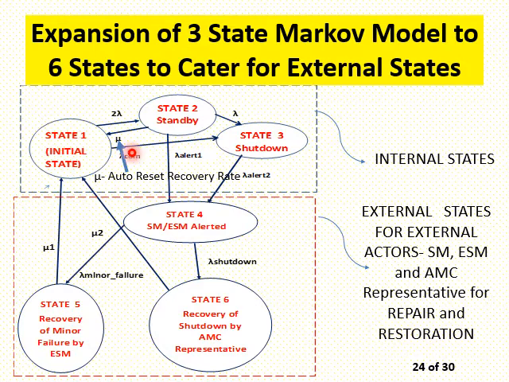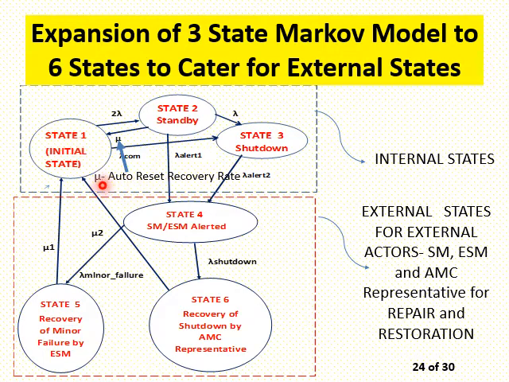We can also see that in the internal state, there is auto reset recovery. See, from state 2 standby to standby. As we have discussed before, through auto reset, the standby system can restore the failed main system.